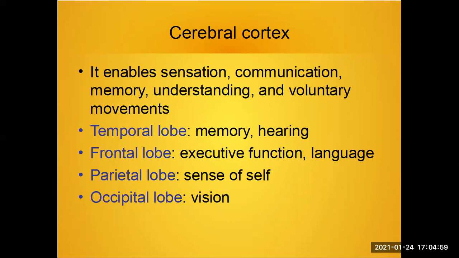It enables sensation, communication, memory, understanding, and voluntary movements. Temporal lobe, responsible for memory and hearing. Frontal lobe, responsible for language. Parietal lobe, responsible for sense of self, and occipital lobe, responsible for vision.